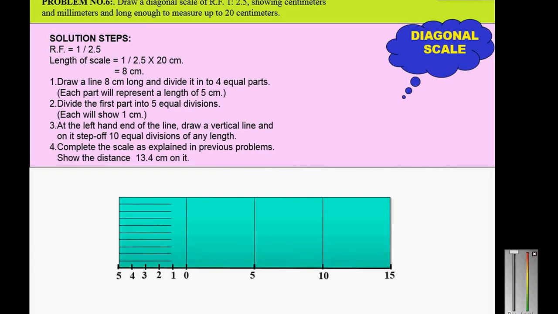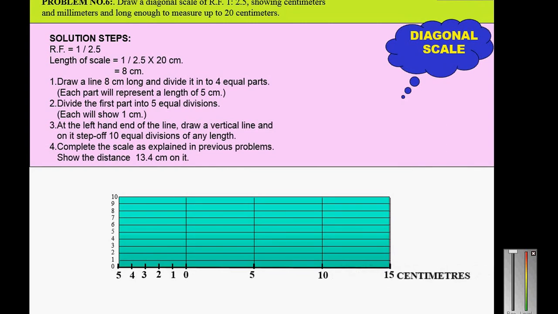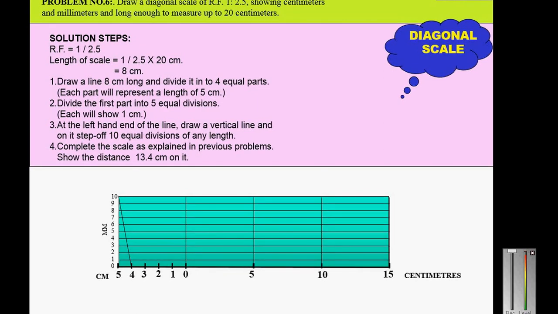So this is the diagonal scale, and again divide the left hand side into 10 equal parts and the bottom left portion into 5 equal parts. So this is the centimeter and millimeter. So join the bottom left point and the 10th point, the diagonal point, you can see as shown in the figure, and draw parallel lines as shown in the figure.